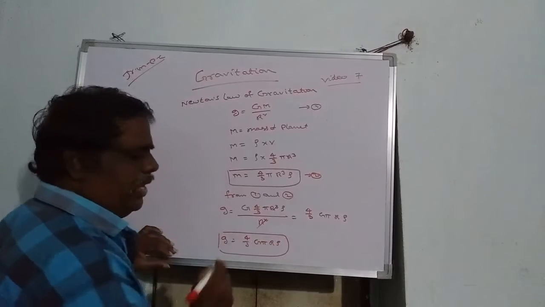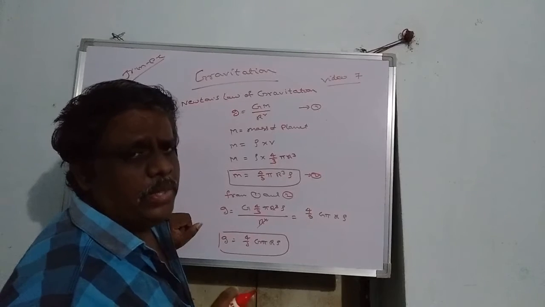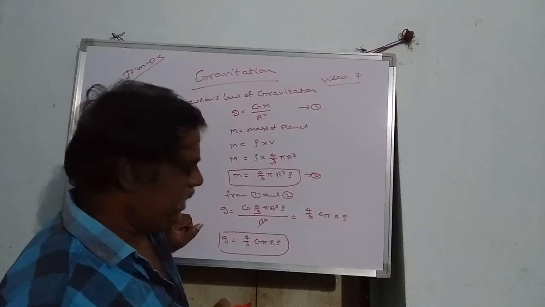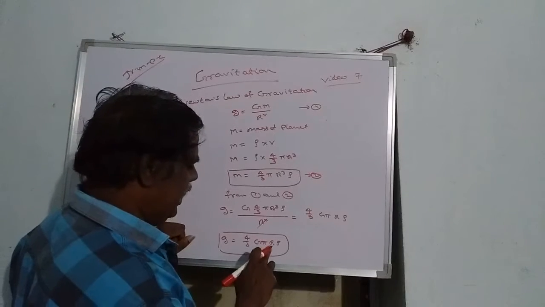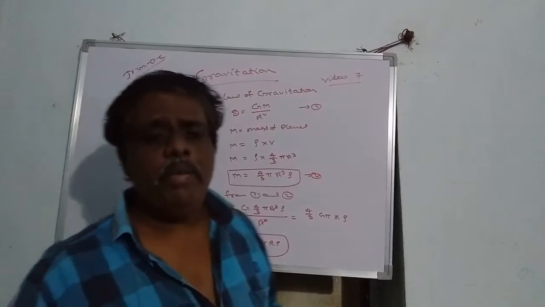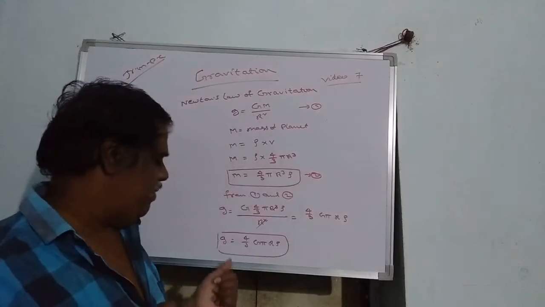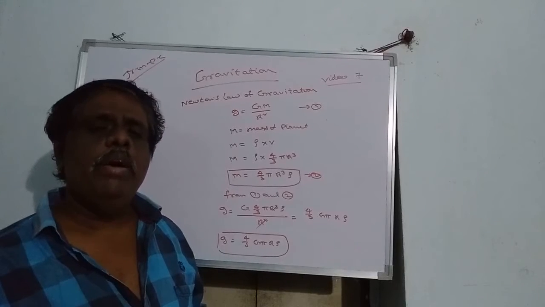Here G is the universal gravitational constant, whose value is 6.67 into 10 power minus 11 Newton meter square per kg square. R is the radius of the planet, rho is the density of the planet. So this is also an equation to calculate the acceleration due to gravity on a given planet.